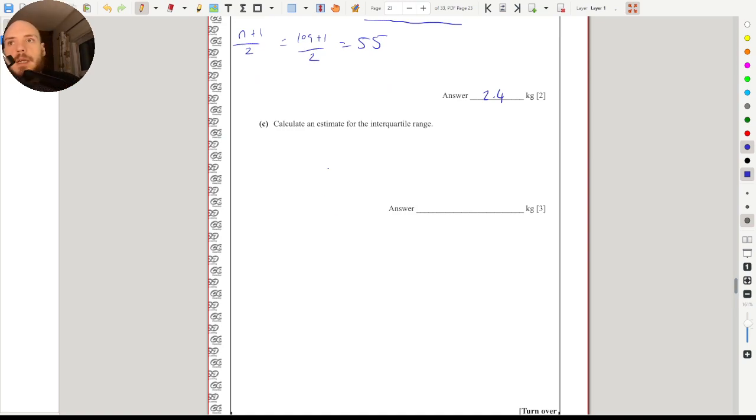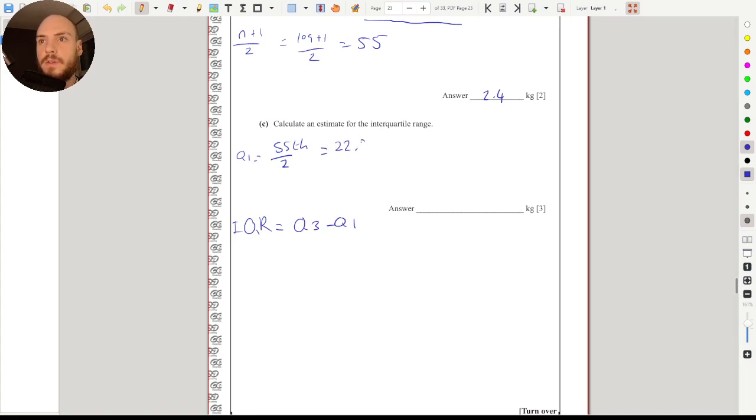Okay, so next, calculate an estimate for the interquartile range. Our median is actually the middle value. We know our median is the 55th value. We can divide it by 2, and that will give us our Q1, because IQR is equal to Q3 minus Q1. So our Q1 is 22.5, and we can just add this on to our Q2.